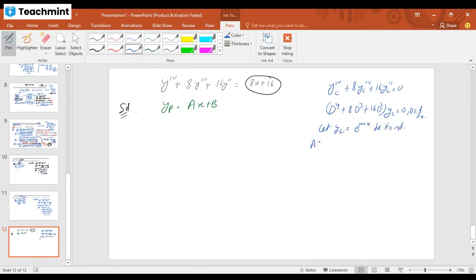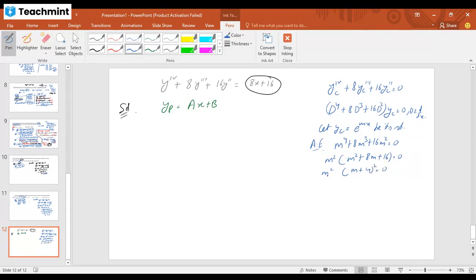So its auxiliary equation will be m to the power 4 plus 8 m cubed plus 16 m squared equal to 0. You can see here m squared is common: m squared times (m squared plus 8m plus 16). 16 is 4 squared, and 4 into 2 is 8. So it is (m plus 4) whole squared, equal to 0.